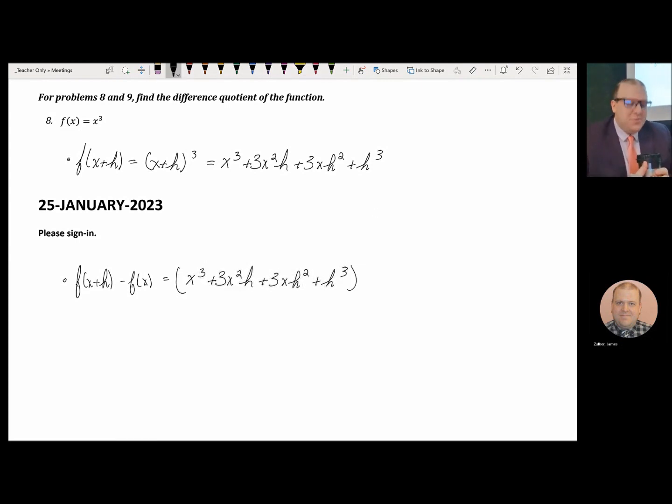Through the power of technology and teachers' prerogative, I can just copy and paste. Then minus x cubed.